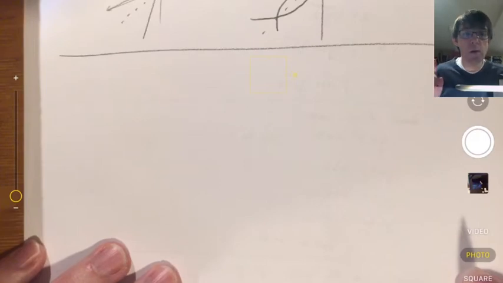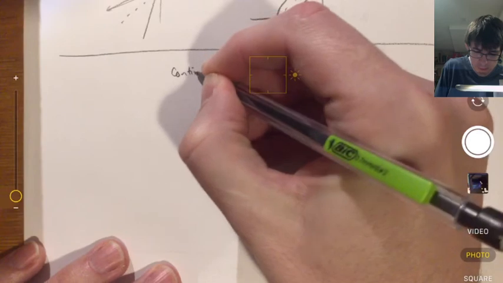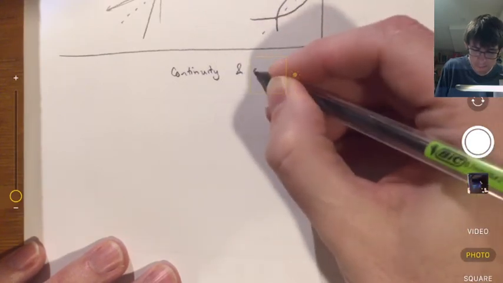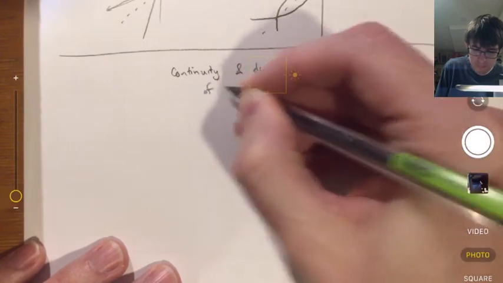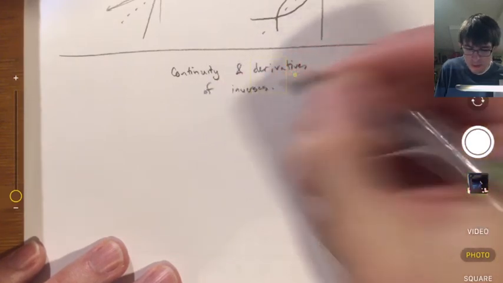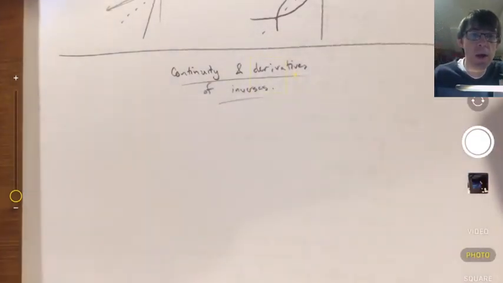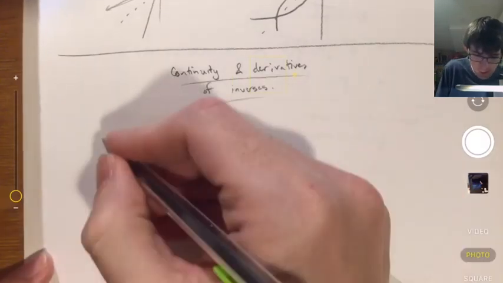Okay, how about continuity and derivatives as it relates to the inverse? Continuity and derivatives of inverses. Let's talk about continuity. What I want to say is something, actually I'm just going to straight up say it and I will explain to you why it's true.